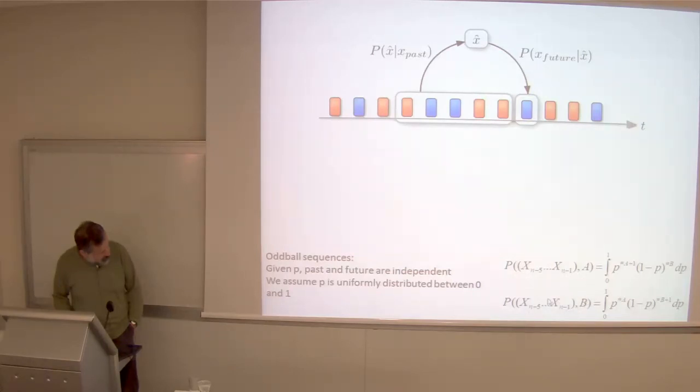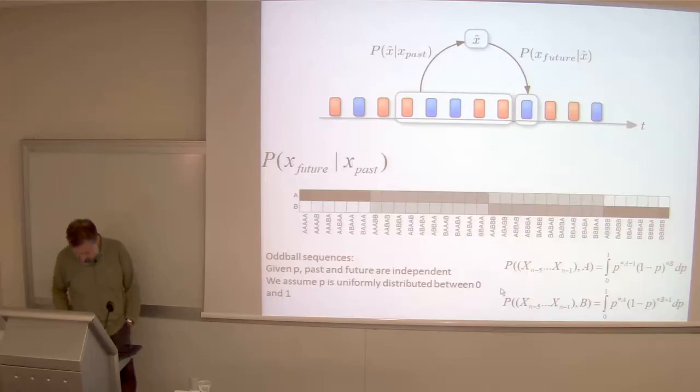In this case, the past is defined as the last 5 tones in the sequence, and we assume a flat prior for the probability. And as we all know, there's a sufficient statistic here, which is the number of B tones that actually appeared within the last 5 tones.